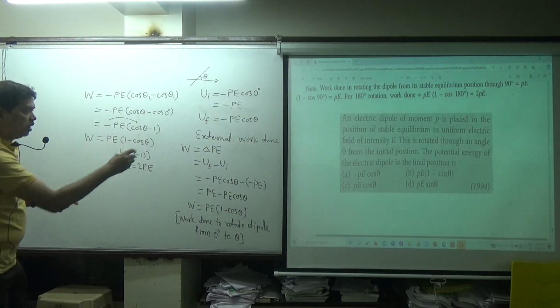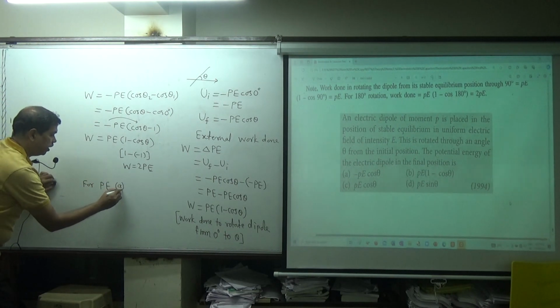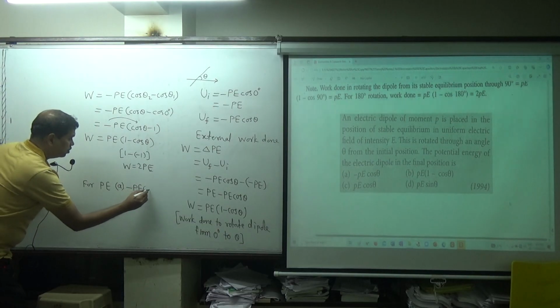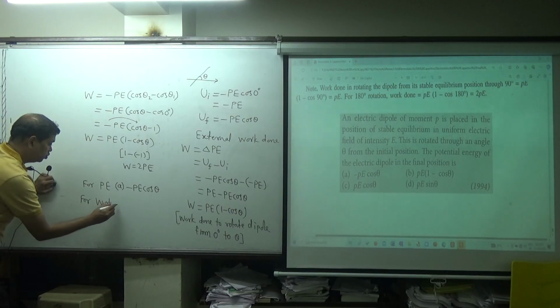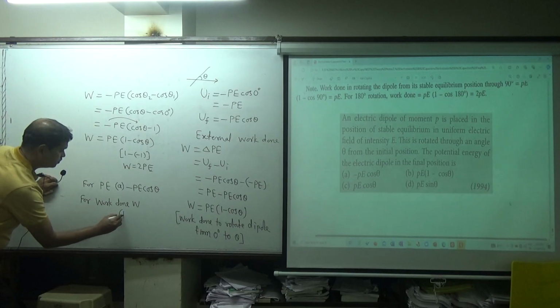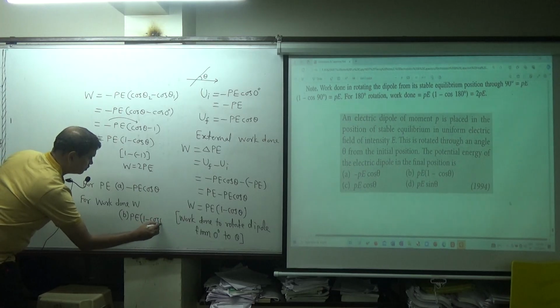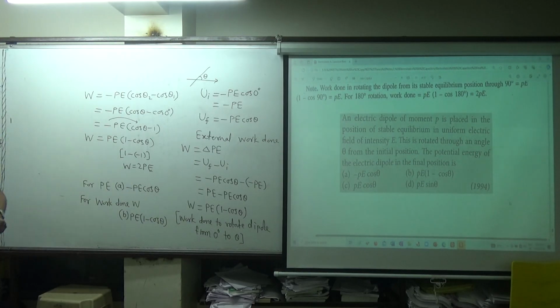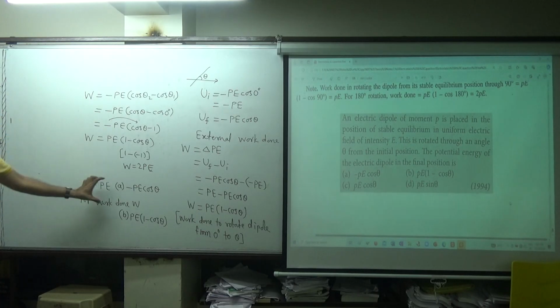Okay, you can write there: for potential energy, option A है minus P cos theta, and for work done W, अगर पूछा जाए तो option B है P into (1 minus cos theta). Okay, you can write the question and you can write these two answers. I hope this is clear.